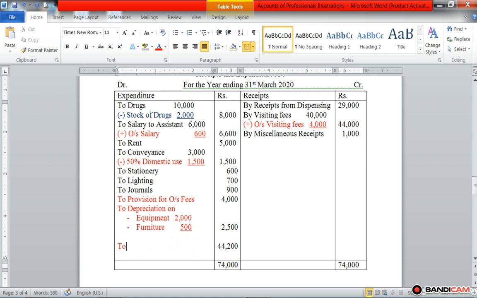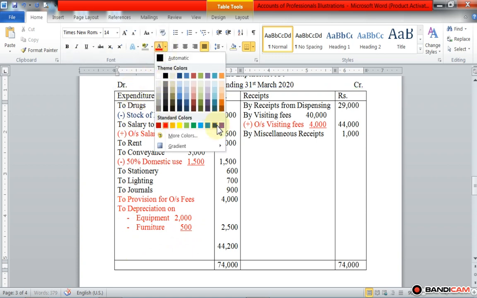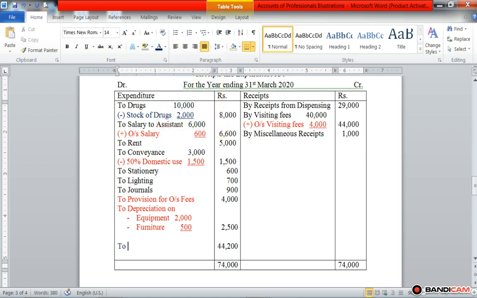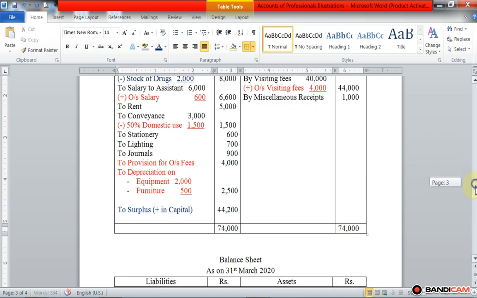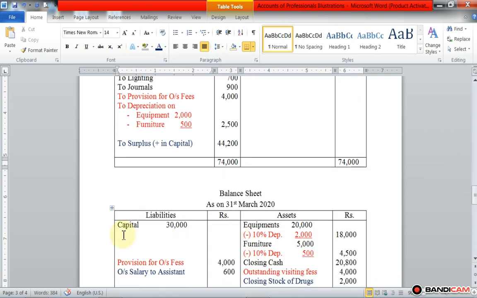That difference is called surplus, in brackets add in capital. So here we transfer the surplus into the capital.